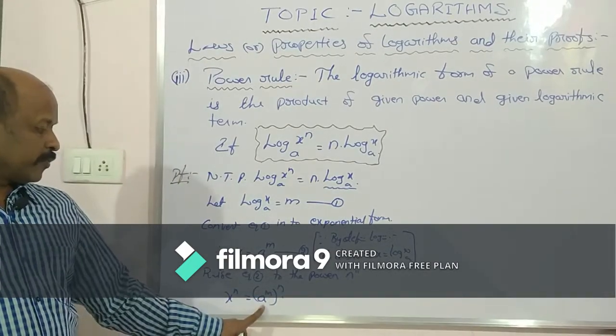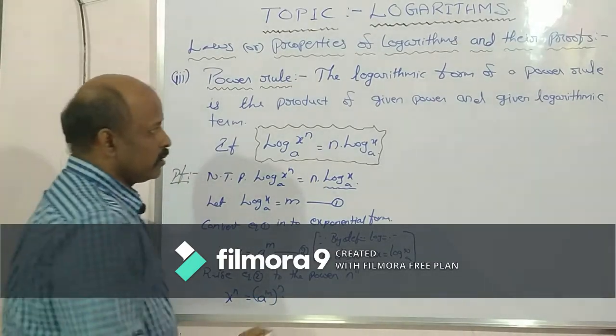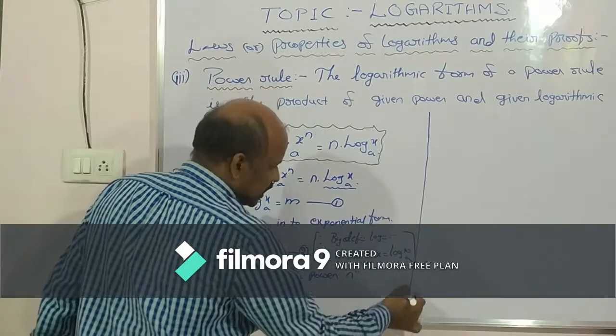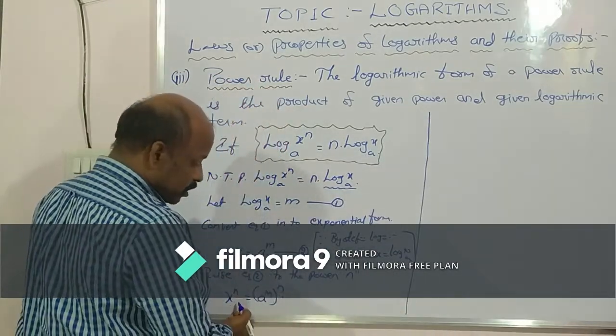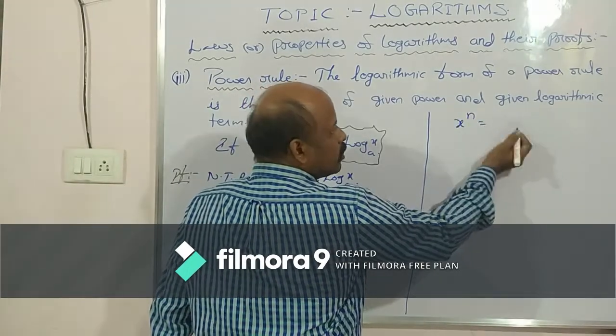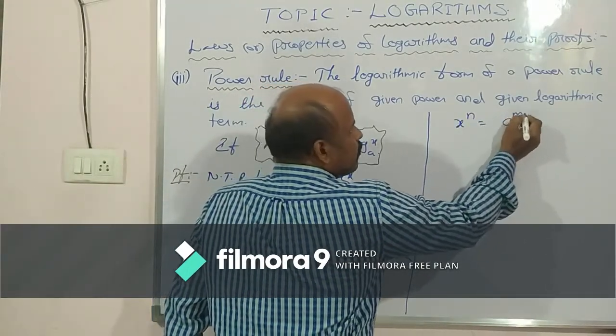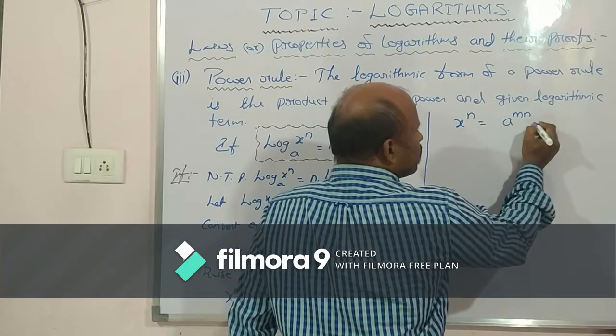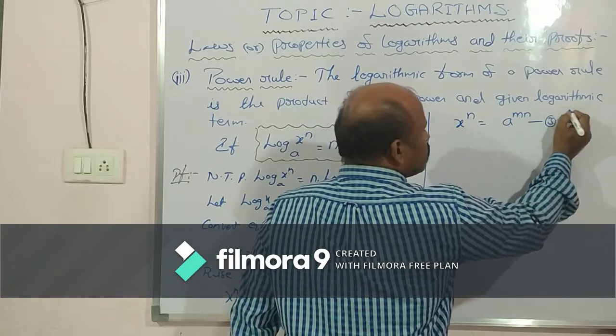It is one of the formulas from lower classes. So this I am going to write as x power n is equal to a power mn. This one I am going to take as equation number 3.